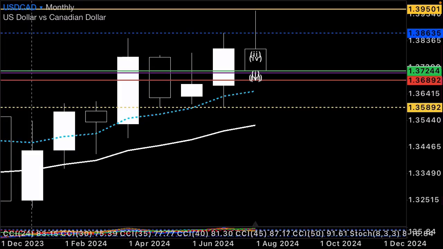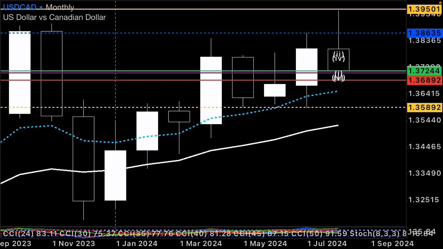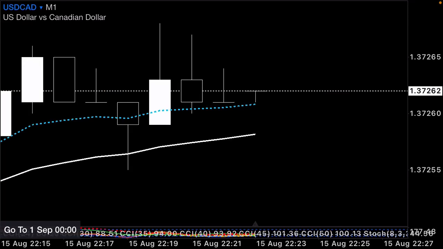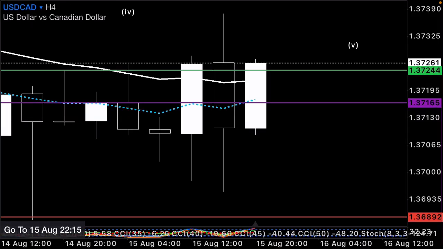Then on the monthly, it's in between the top. The blue dotted line is the top of the month. The yellow dotted line is the bottom of the month. So it's hovering right in the middle. So that's something for consideration too.